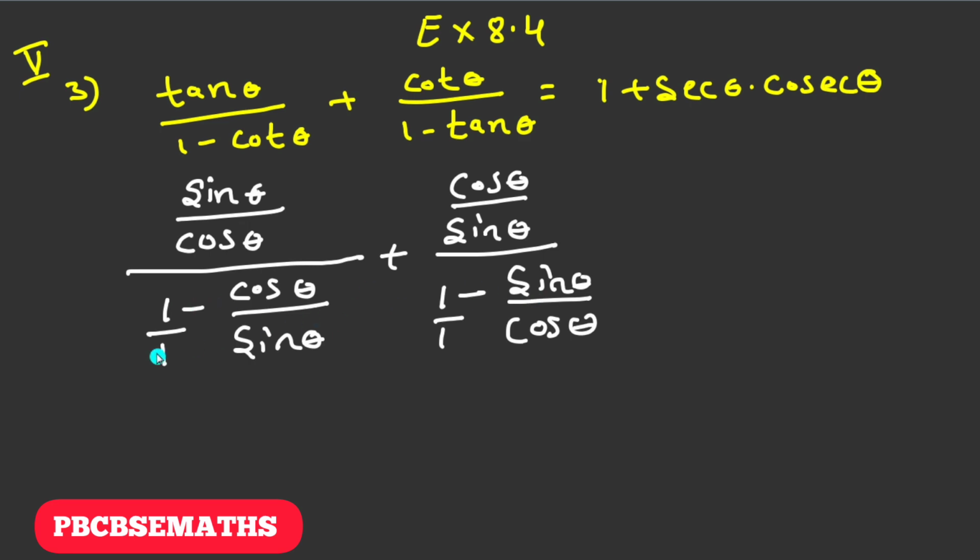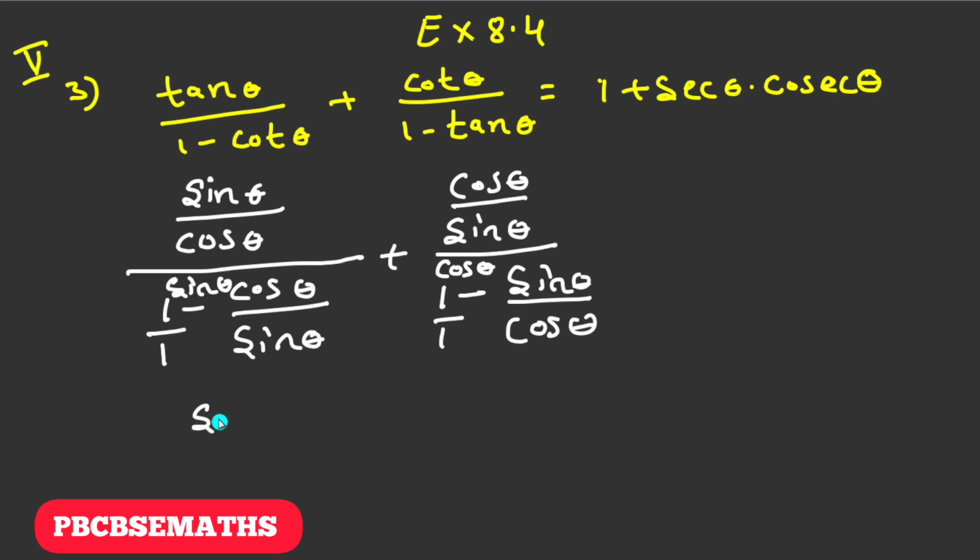In these denominator parts, the LCM of 1 and sin is sin, so we can write 1 sin theta, and here the LCM of 1 and cos is cos, so here we can write 1 cos theta.